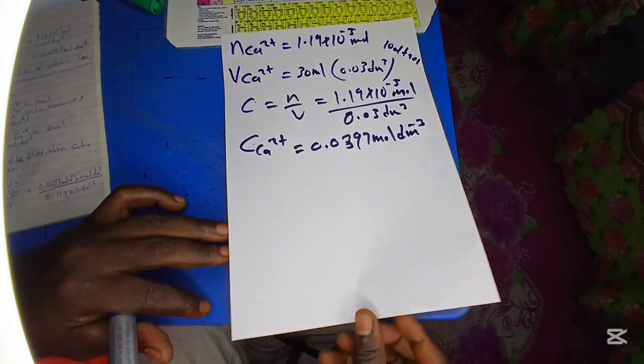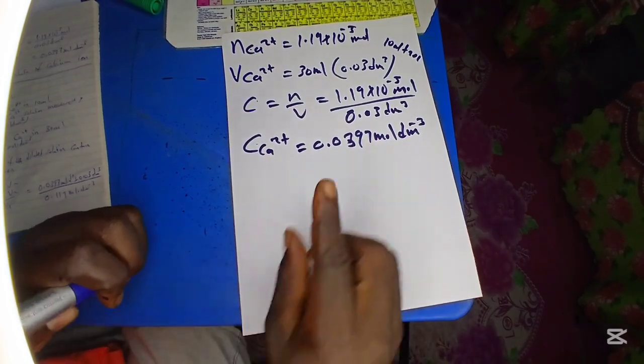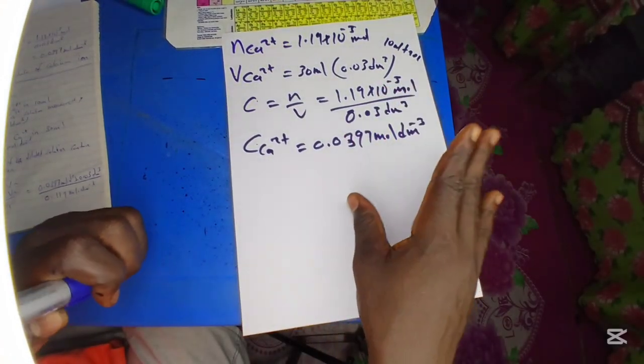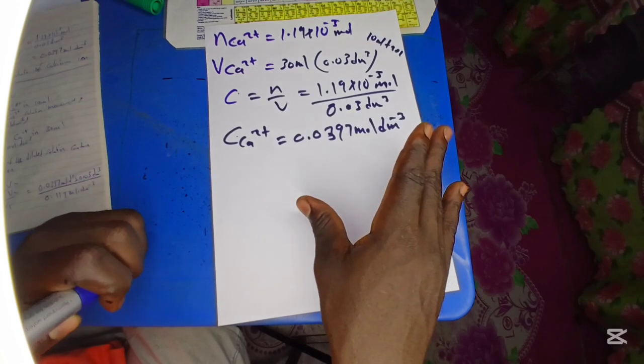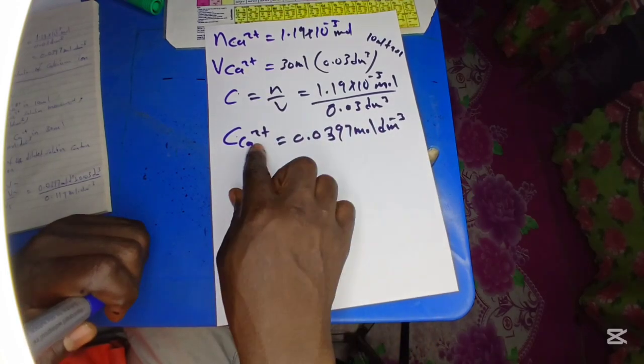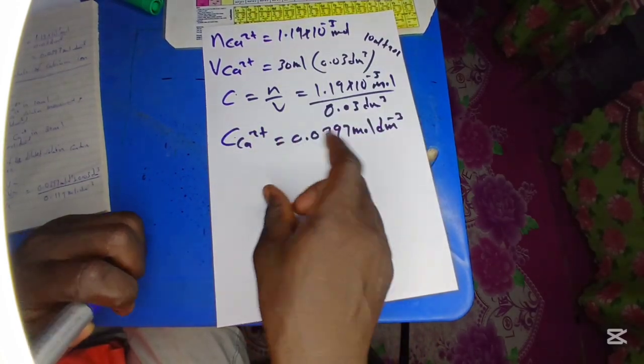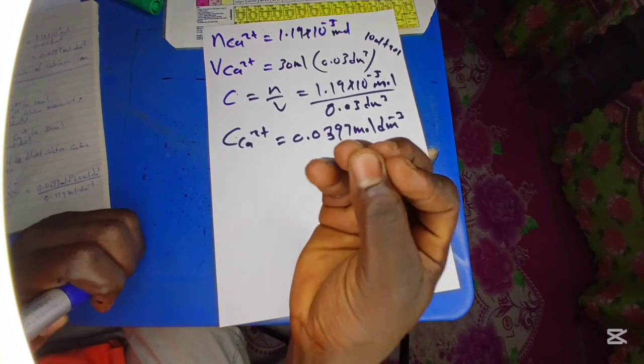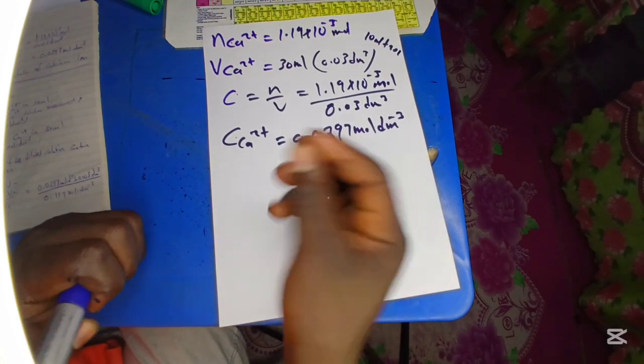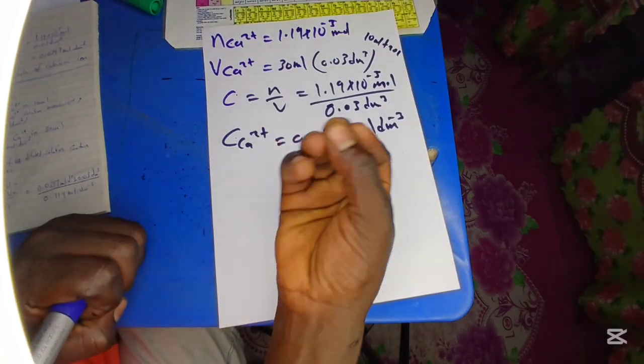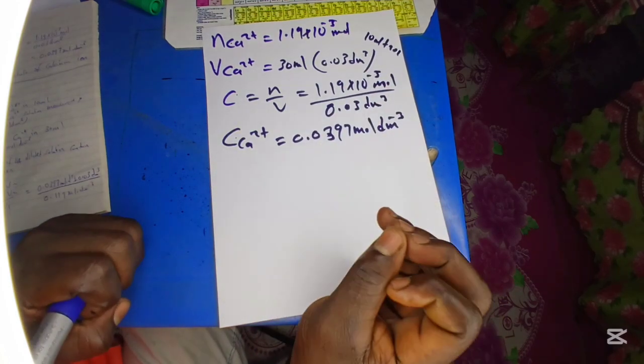Mind you, we took 10 ml of a prepared sample that contains the Ca2+. And we also added 20 ml of distilled water. Now we have to calculate the concentration of Ca2+ in the 10 ml of the sample that we took.